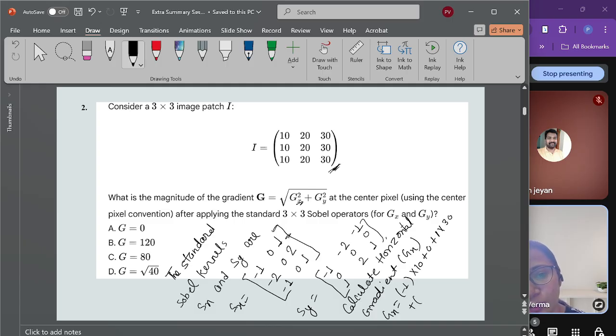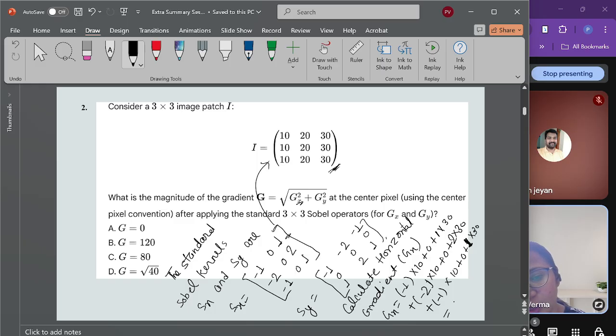Similarly, you have to multiply all the rows and columns of these two matrices. That is simple matrix multiplication. So -2 into 10 plus 0, here you will get 2 into 30 plus -1 into 10 plus 0 plus 1 into 30.